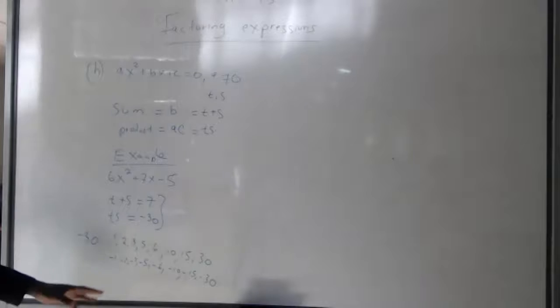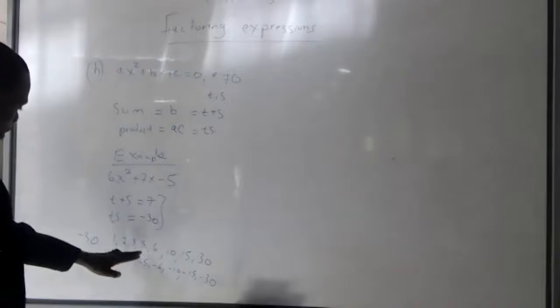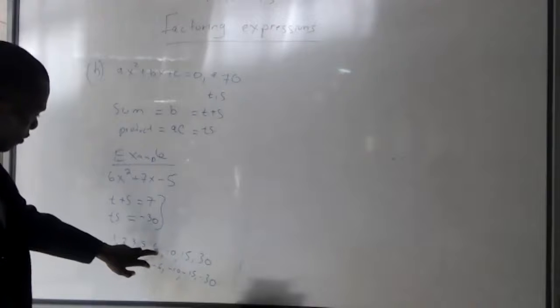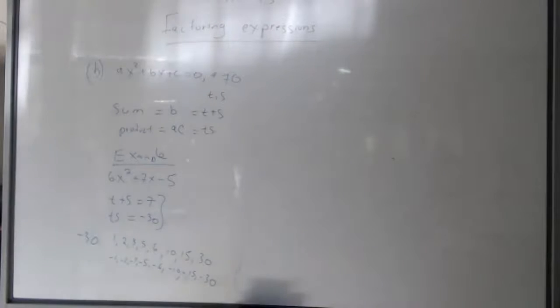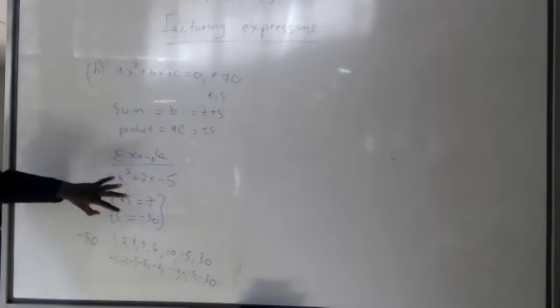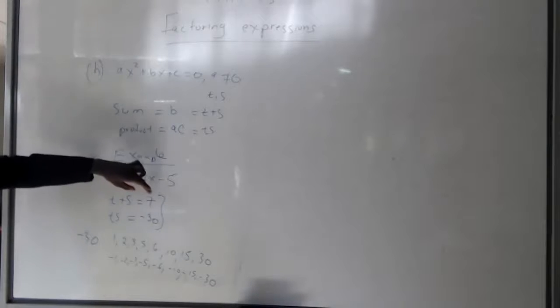So these are all the possible factors of -30. You only pick 2, which will add up to 7.